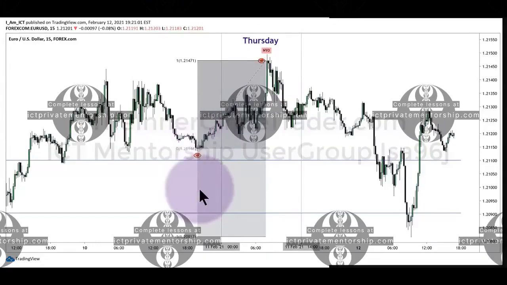And it projects that range down 1 deviation. So the standard deviation of 1 of this range. So all we're doing is getting a measured move from this candle's close and this candle's close, and that same range projected from this candle's close down. That's what the math is doing with this indicator.